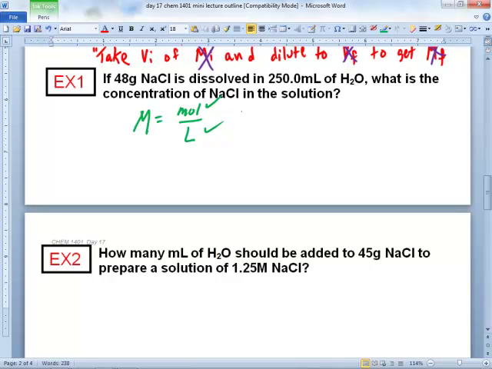Okay, so 48 grams of sodium chloride into moles, Janet. How do you do that? Yeah, you're looking up here. Good. What is it? Sodium's about 23 plus chlorine, that's about 35, so about 58.45. Does that sound right? So the molar mass of sodium chloride goes on the top or the bottom?